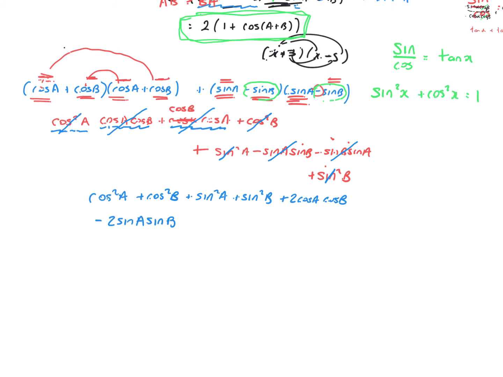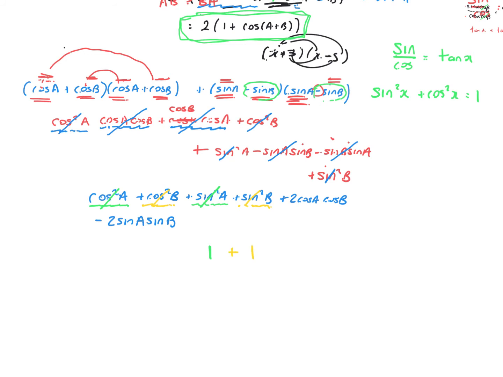So if I collect that sin squared A and cos squared A together, I can call them both together 1. Next I'm going to go after sin squared B and cos squared B, and I'm going to put them together, and that is also another 1.